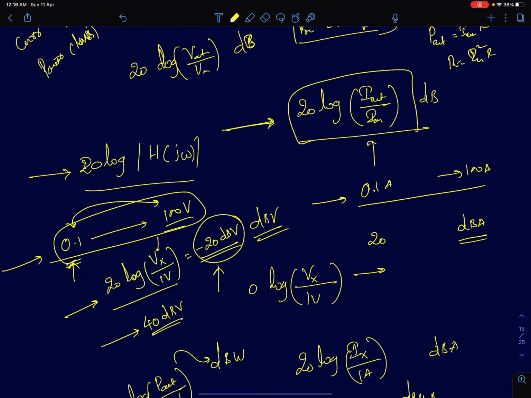There we consider Ix as the current of interest, normalize it to 1 ampere, divide by 1 ampere and take the log of that quantity, because we always take logarithms of a ratio of two quantities. In some very specific applications like oscillators and some noise circuits, we do take logarithms of direct voltages and some radian quantities, but right now I'm not going there. I'm just sticking to the simplest examples where decibel units are used.